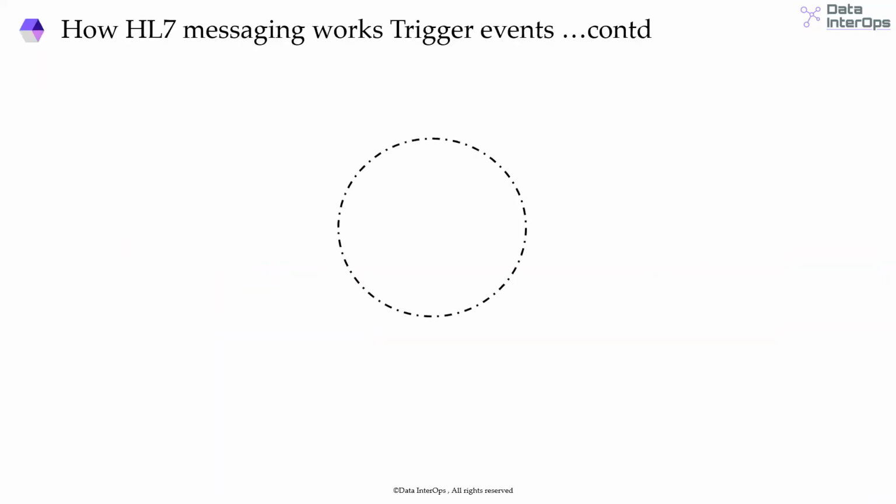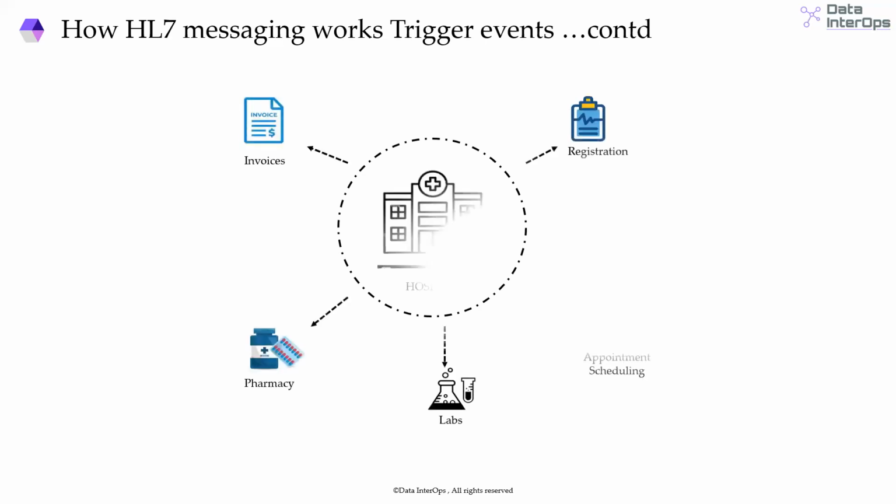Okay. So now let us see what are the various categories where the data gets generated and will be transacted from one system to another. First one is nothing but registration. So in registration, there are many events that will happen. What are they? Number one, patient can be registered.